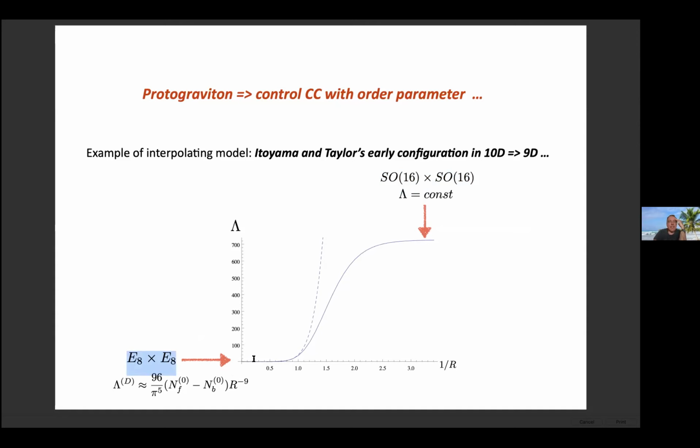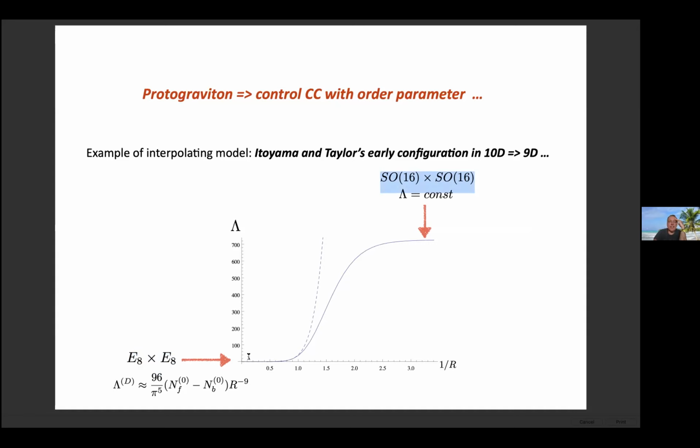If I make the radius very small, it will tend towards this other theory, the SO(16) model. So these are two 10-dimensional theories, but they're joined together by compactifying to 9 dimensions and then going from large radius to small radius.